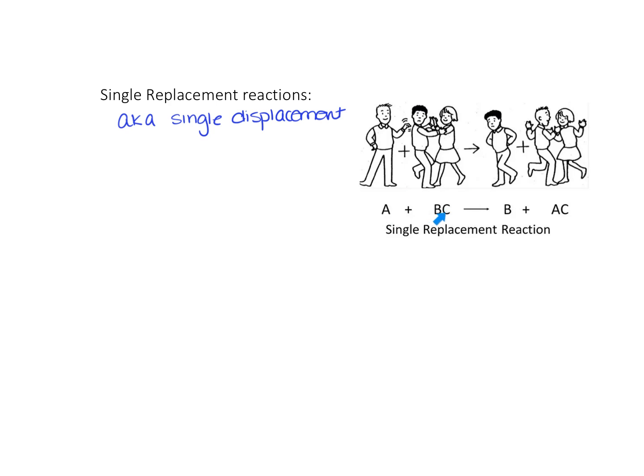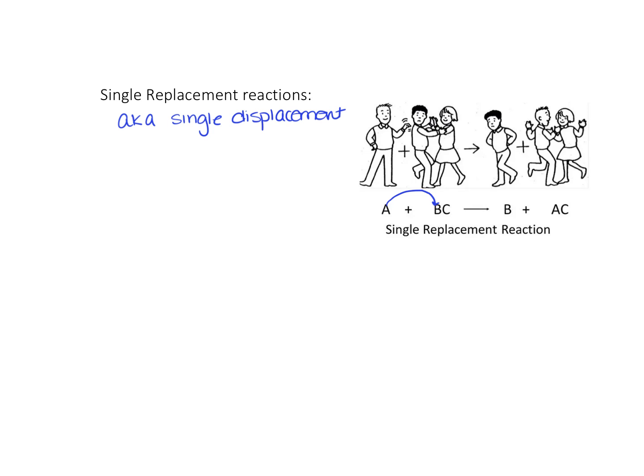Now, binary just means two, so this would be an ionic or covalent molecule. And one of the elements replaces the other element. So in this example, A is replacing B. It's sort of like if there was a dance, right, and somebody cut in. Here's B, right, and B leaves, and A now gets to dance, right? So that's the analogy there.